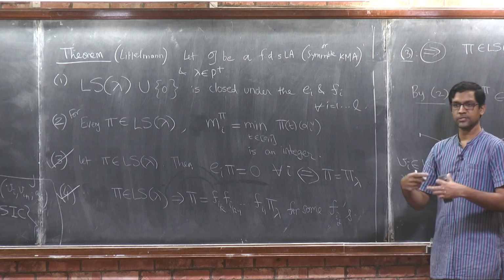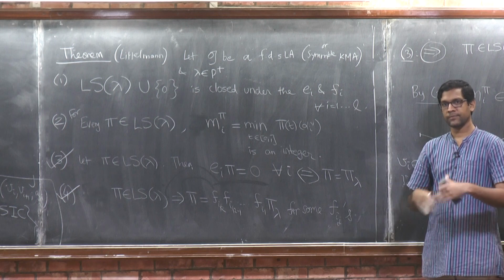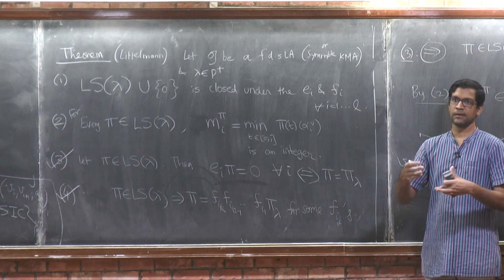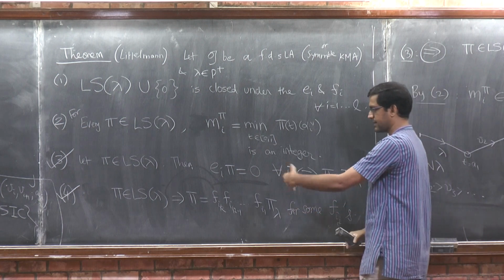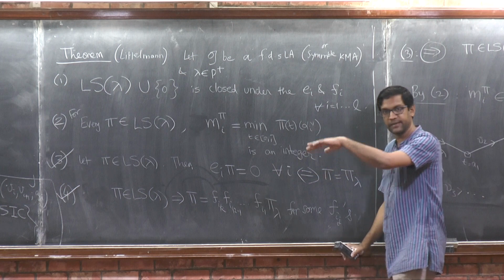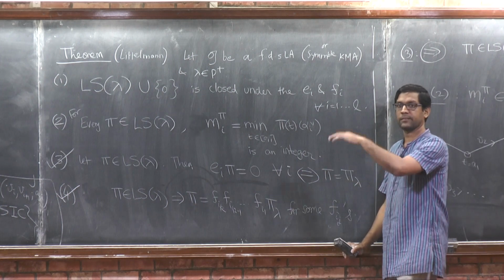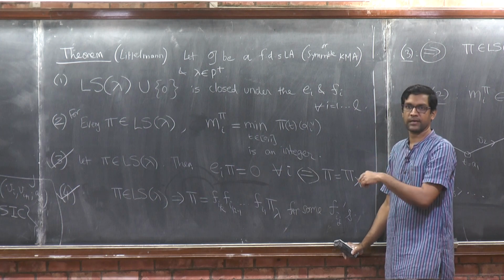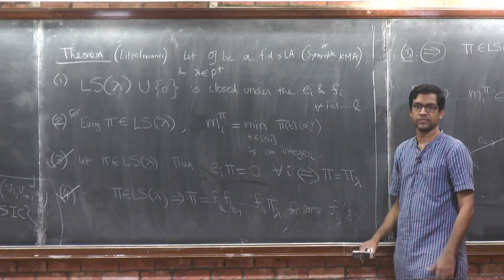And again, even in the representation theory, if you have that vector v, the irreducible representation can be described as follows. All vectors are obtained as the span of, just like the EIs, you have FIs, which are the negative, the lower triangular matrices. You can act by the lower triangular matrices successively on the highest weight vector, and that will generate all vectors in your vector space, in your irreducible representation.